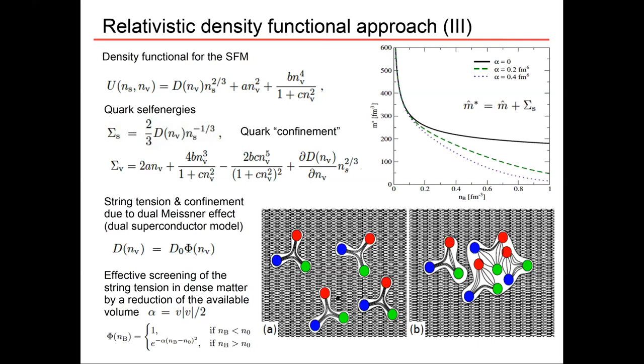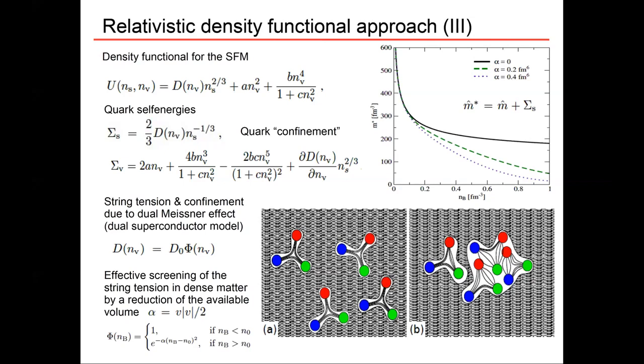And here is a picture which explains this. In low density matter, all the hadrons are nicely separated, and the non-perturbative vacuum compresses their color flux tubes to linear potential strings. But in dense matter, when the nucleons come close to each other, we use up the non-perturbative QCD vacuum.